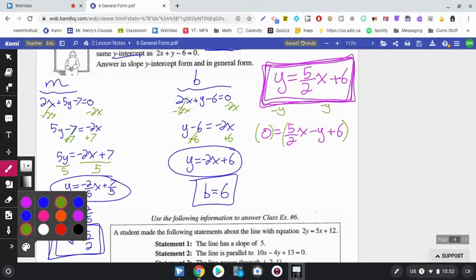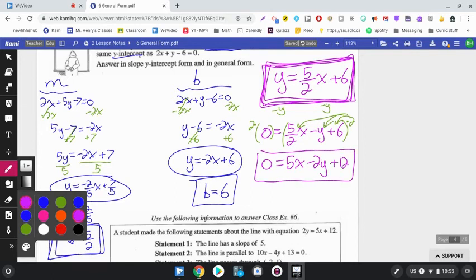My fraction is a divide by 2, the denominator is a 2, the opposite of divide by 2 is multiply by 2. And what I do to one side, I do to the other. 0 equals 5x minus 2y plus 12. There you have it. That is my equation in general form.